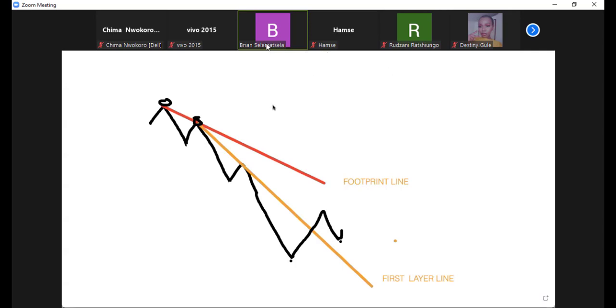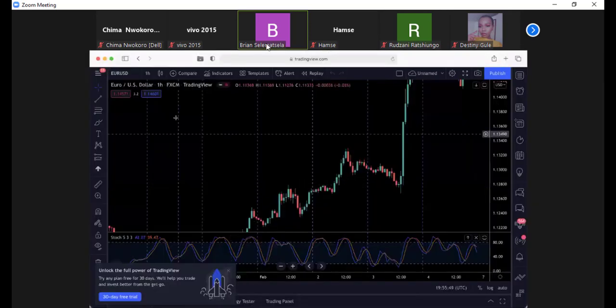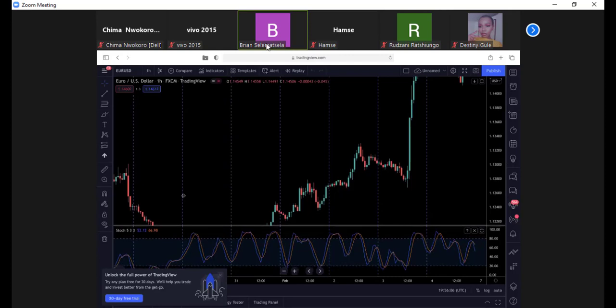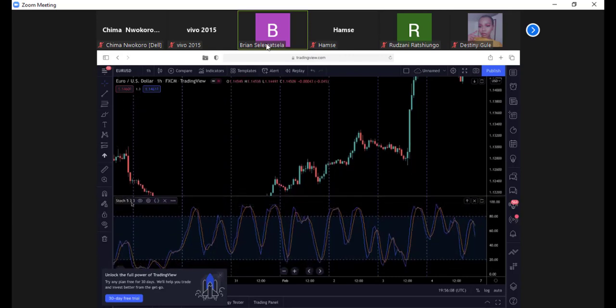And how exactly do you implement it? Normally on your MetaTrader 4, the settings are quite default. So what you have to do, you just have to click on your stochastic. After you click on stochastic, you just accept everything. You don't change any settings from there.